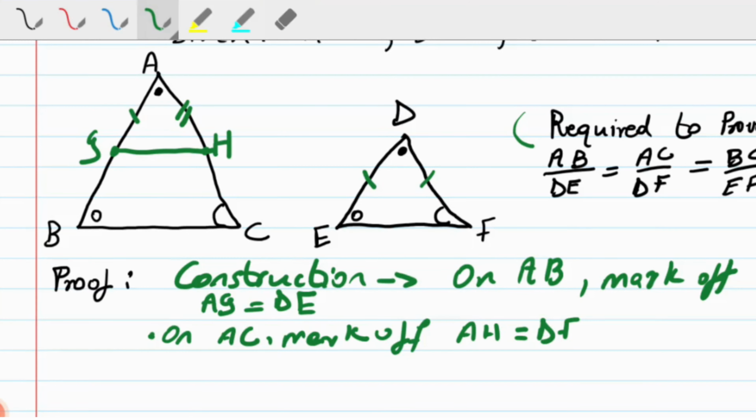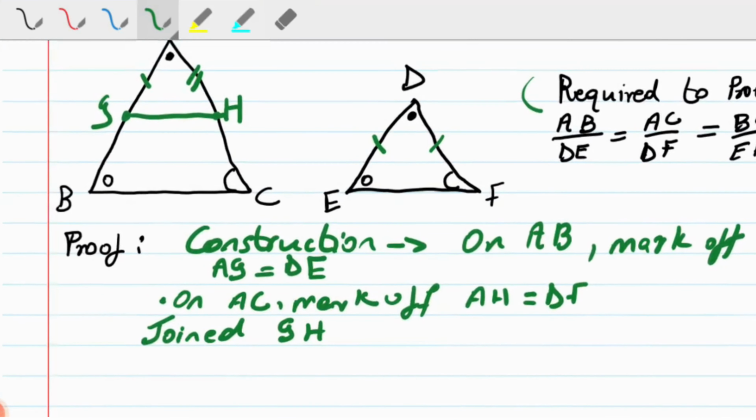And then we also join GH. That's our construction, making point G on side AB and point H on side AC. Then we join GH, and mark off that AG is equal to DE, and AH is equal to DF. So now we can prove.